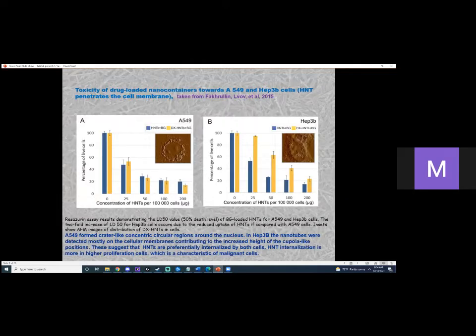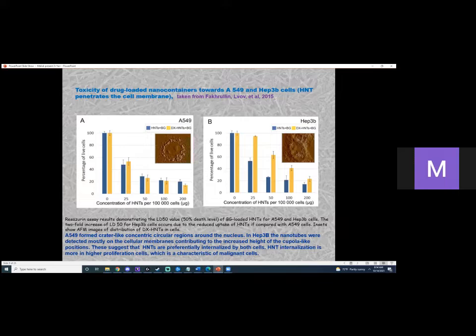Okay, so here we can see the toxicity of drug-loaded nanocontainers towards A549 and Hep3B cells, which are two different types of cancer cells. These are resistance assay results demonstrating the LD50 value of BG-loaded HNTs for A549 and Hep3B cells.